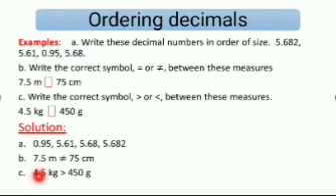That means you need to shift the decimal 3 times. The first time you get 45, the second time you get 450, and the third time you get 4500. So 4500 grams is greater than 450 grams.